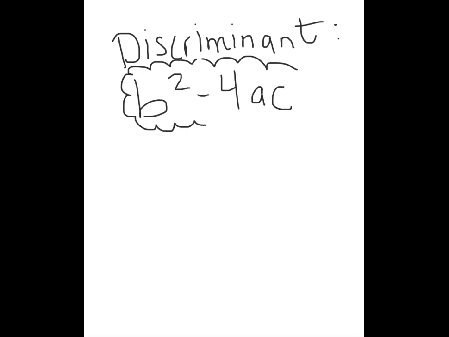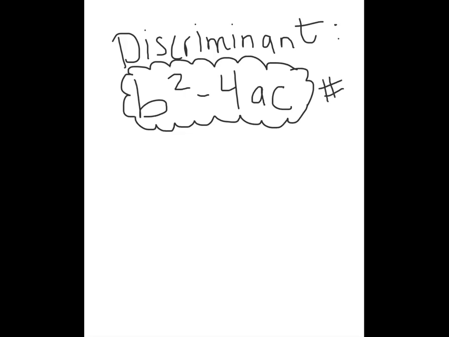Okay, just bear with me, I'm writing with my fingers here. So the discriminant in general just refers to this element of the quadratic formula. It's all that stuff that goes underneath the root symbol. Whatever that number comes out to be, we call that number your discriminant.